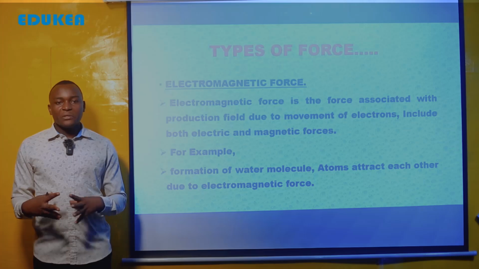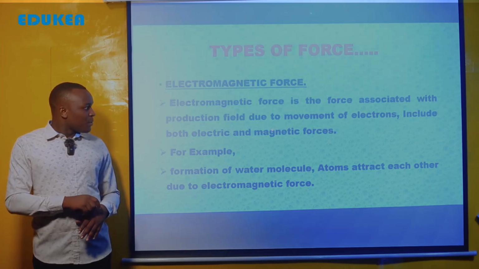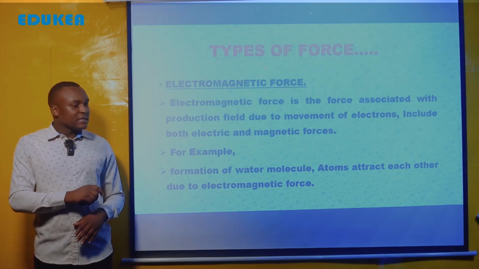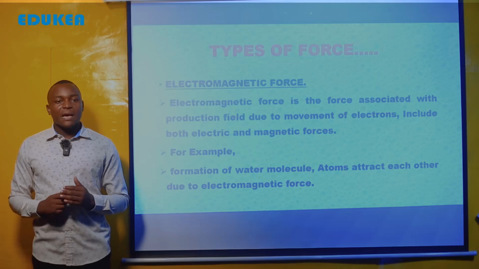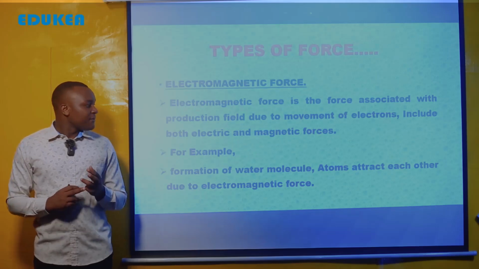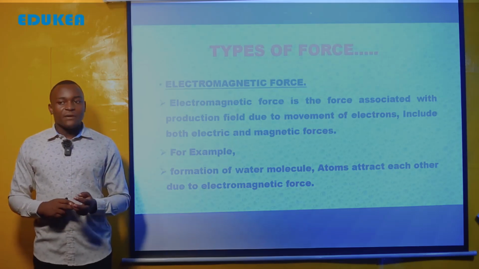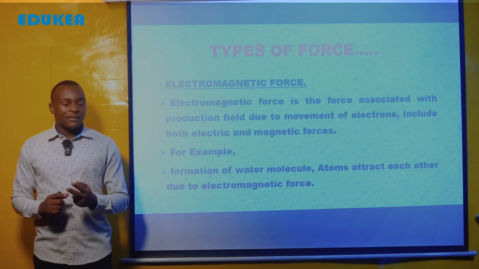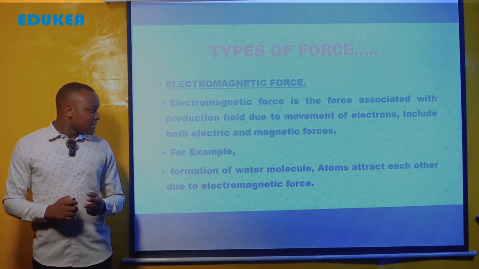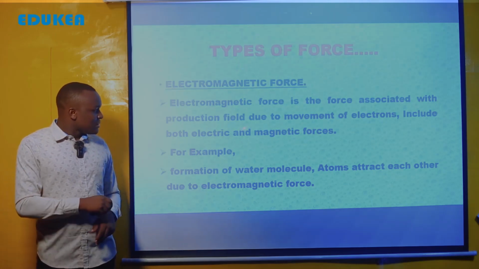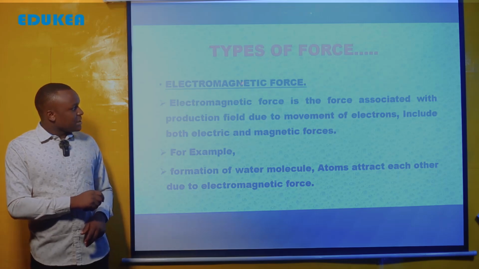The force arises due to two effects: the first is the effect of electric current, and the second is the effect of the magnetic field or magnetic forces. When they combine together, we get electromagnetic force.